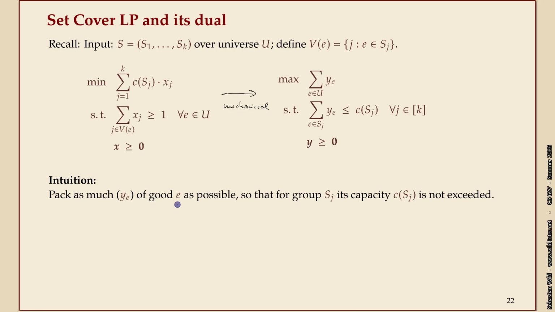You could say that the universe elements are some goods, and you want to pack as much of that good as you can. But these sets are constraints of how much you can take from a certain collection of goods in total. And so across all the sets where some element occurs, you can't exhaust in any of the sets the capacity.